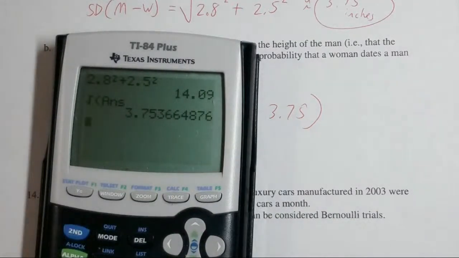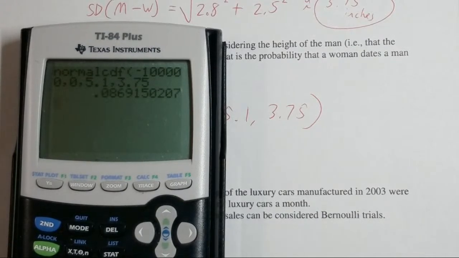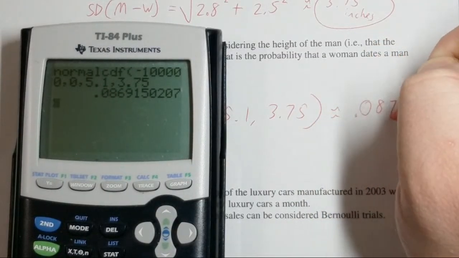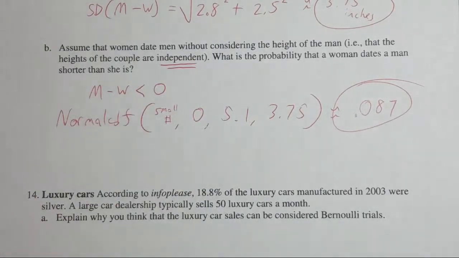We did that calculation. Normalcdf, small number, comma 0, comma 5.1, comma 3.75 gives you approximately 0.087 or 8.7%. There's an 8.7% chance approximately of a woman being taller or the man being shorter, whichever way you want to word that.